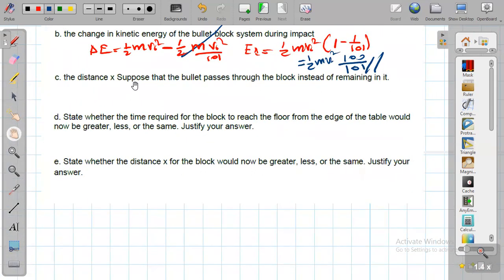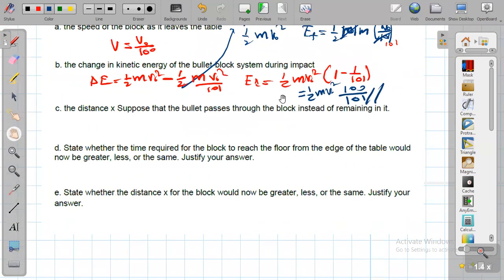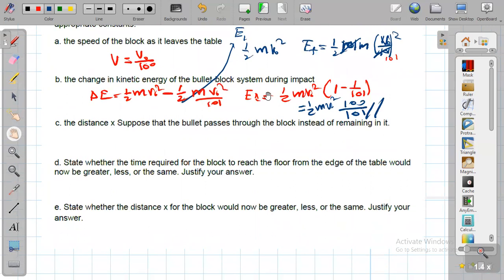The distance x: suppose that the bullet passes through the block instead of remaining in it. Okay, the bullet goes through.